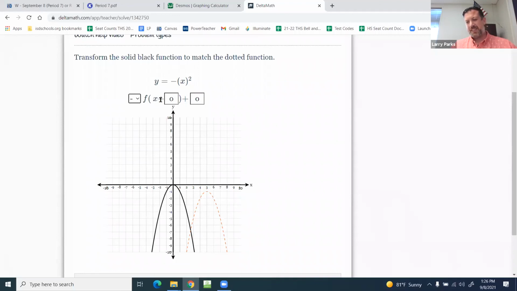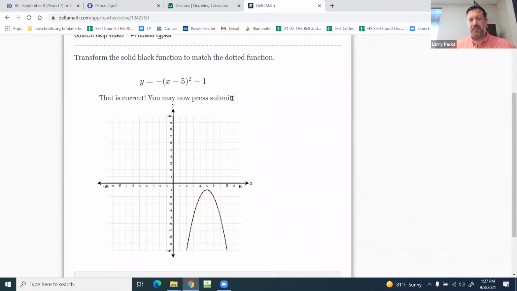So because it says plus, I have to type this in as -5. And watch this. It moves it to the right. All right. Now I want to move it down 1. So I put -1. There you go. So this would be a really good one. And notice this is the new function.